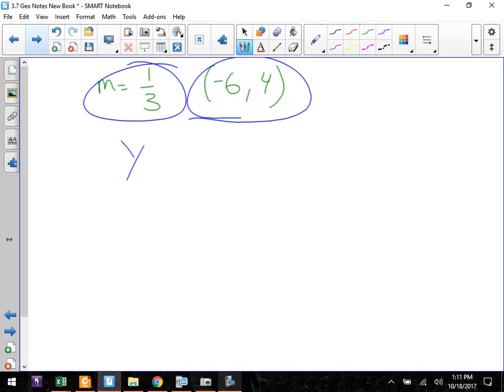So you're going to use your point-slope formula and fill in the blanks. Remember, that ordered pair is your x sub 1, y sub 1, direct substitution. y minus 4 is 1/3 times x minus a negative 6. Minus negative 6 is plus 6.